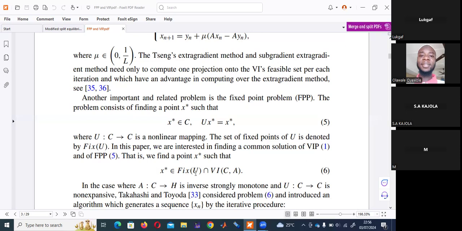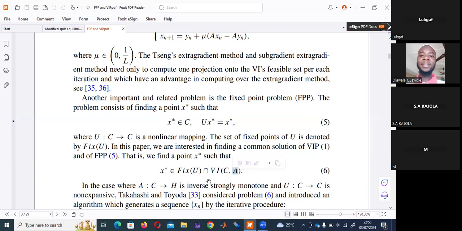We can replace A, which is monotone and Lipschitz continuous, by pseudo-monotone and uniformly continuous. As well, we can make it quasi-monotone and uniformly continuous. Those are weaker operators than the monotone one they have studied here.